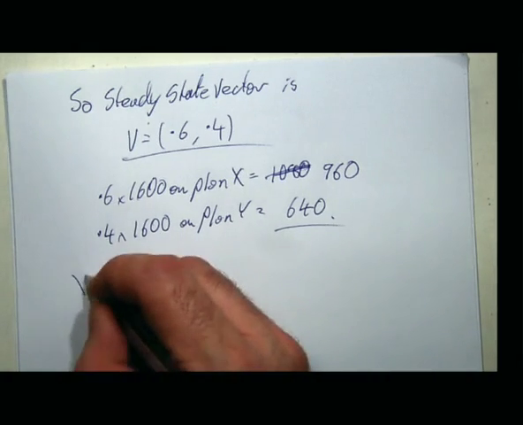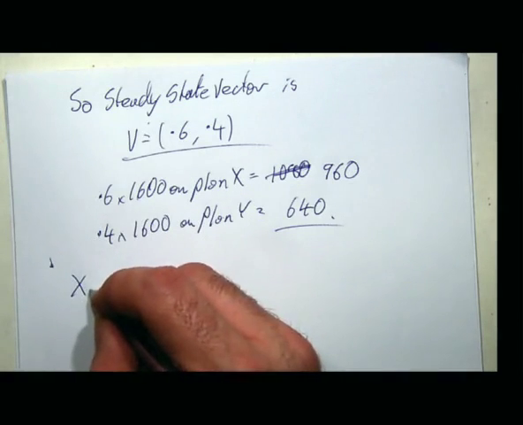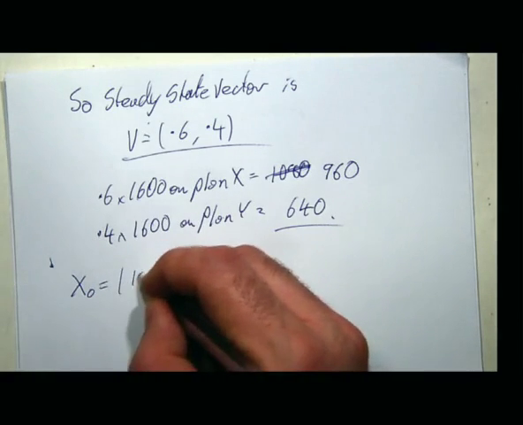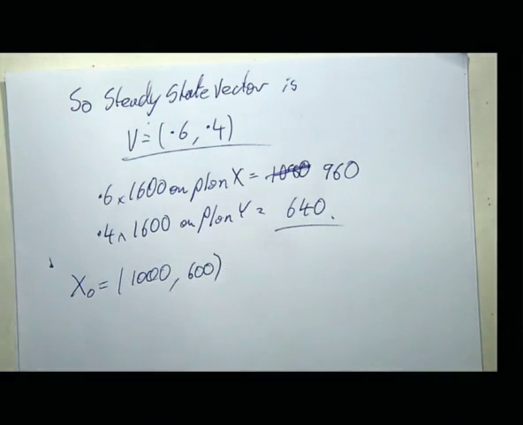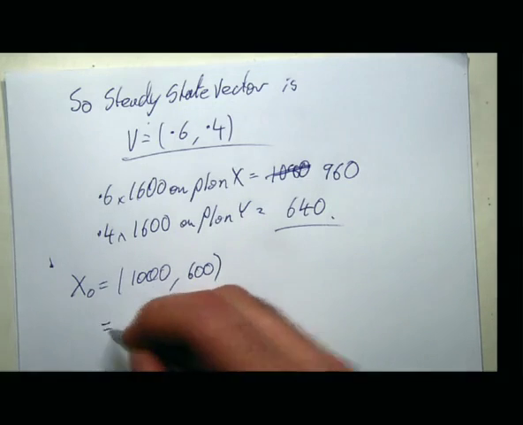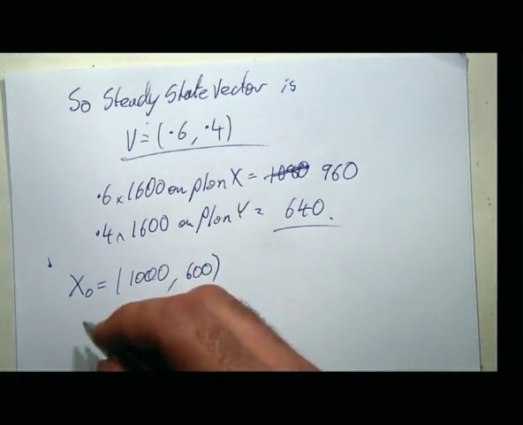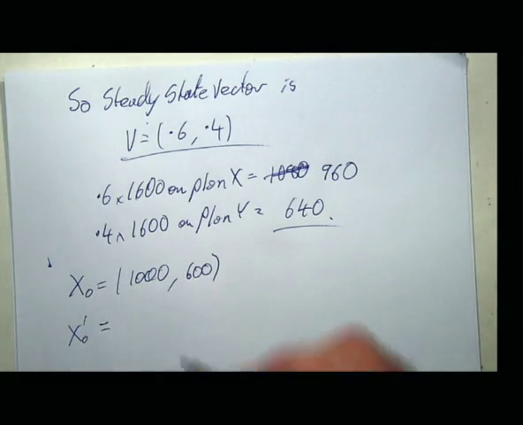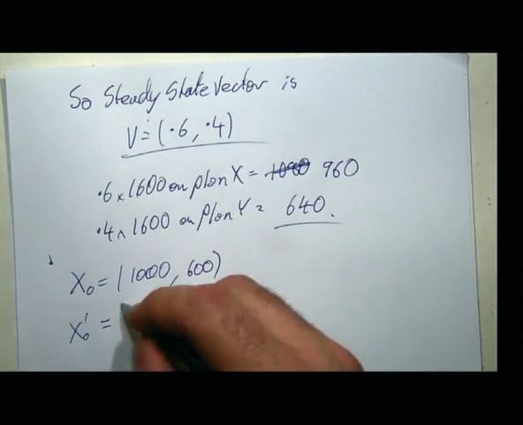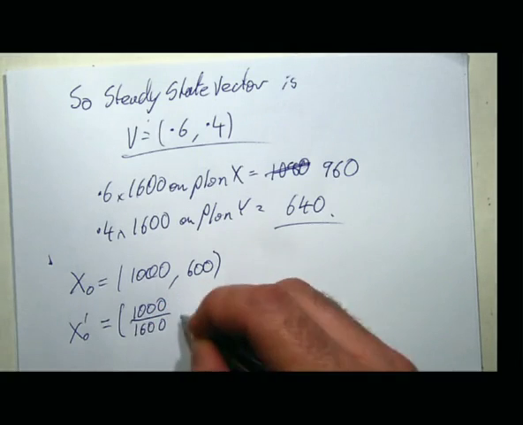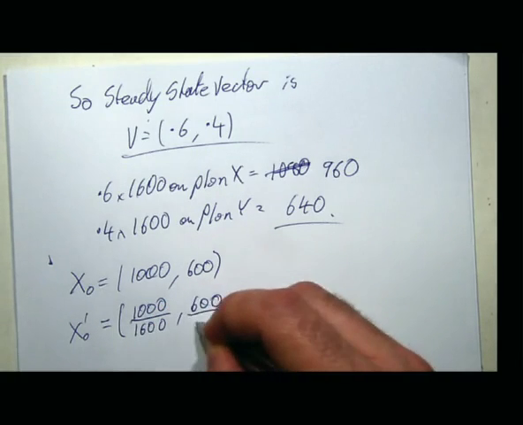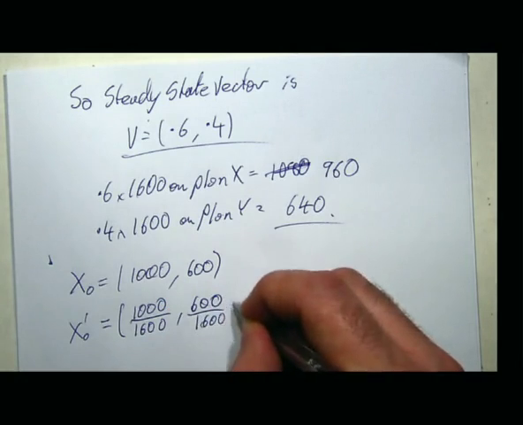So we saw how in part B we had x naught was 1,600. What we really want to do is ideally write that as a probability vector. So I'm going to write x naught dashed. We're going to transform this into a probability vector, and that's going to get me 1,000 on 1,600 and 600 on 1,600.